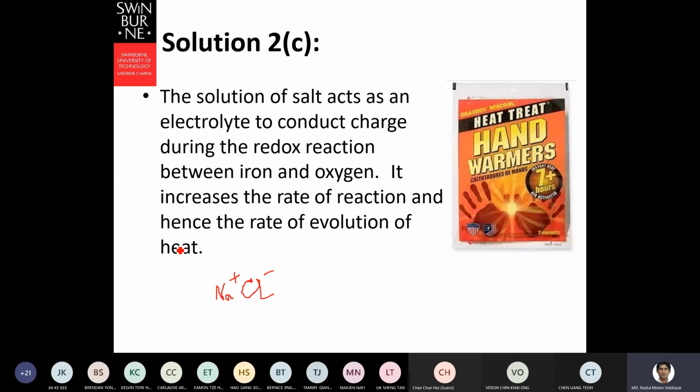We know that ions are good at carrying charge because they themselves are charged. Sodium is positively charged, chloride is negatively charged, so they carry the charge. Water is a very poor conductor, but when we put a little bit of salt in the water it becomes heavily conductive.